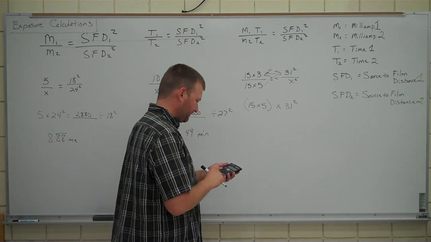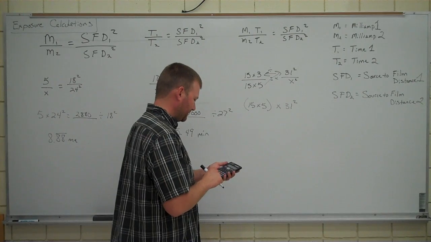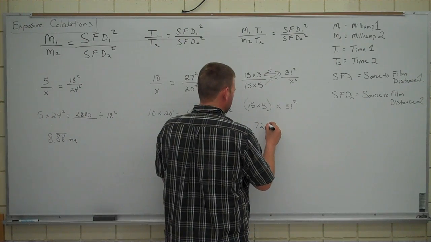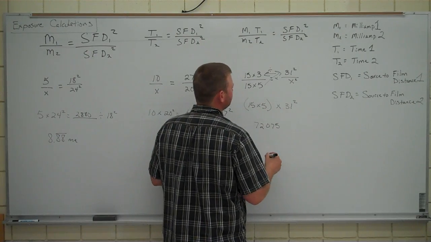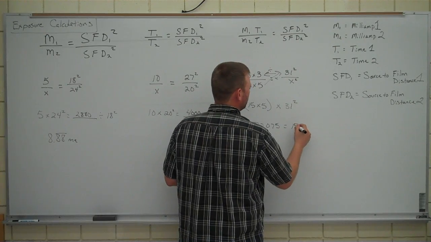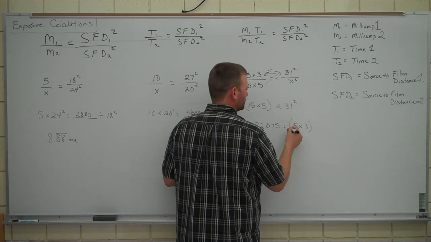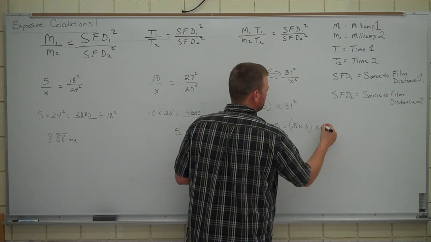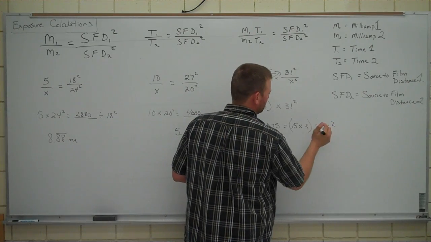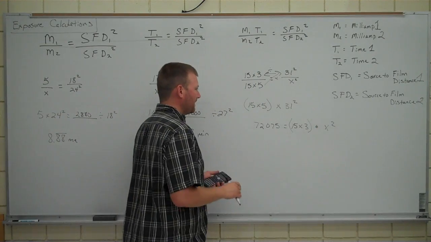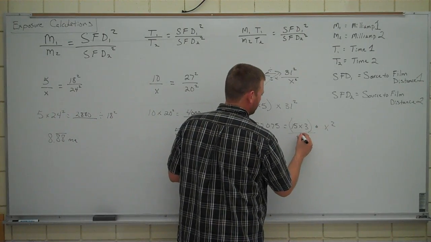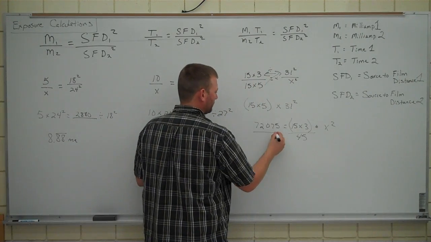So 15 times 5 times 31 squared, that is 72,075. That has to equal 15 times 3, that's one quantity, times x squared. So we're going to divide that by 15 times 3, or 45. That's where I got that: 15 times 3 is 45.